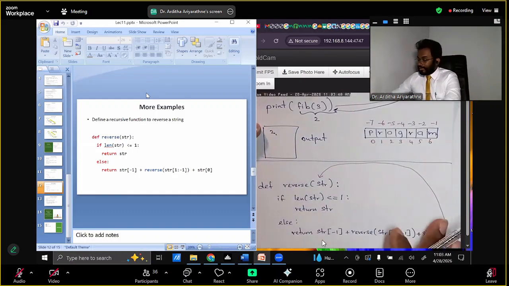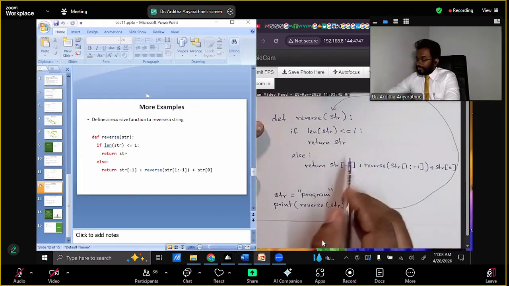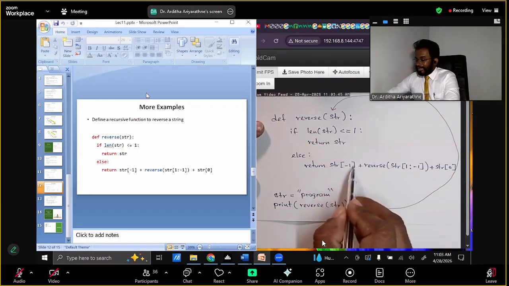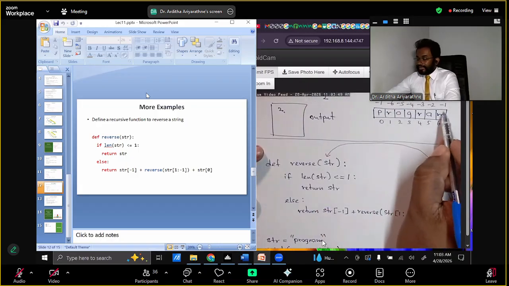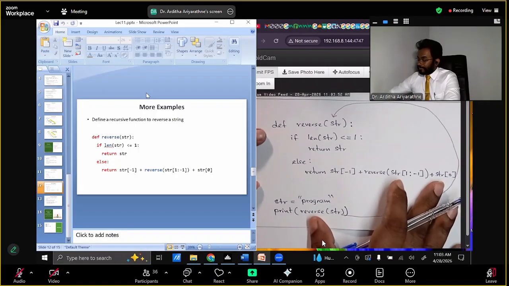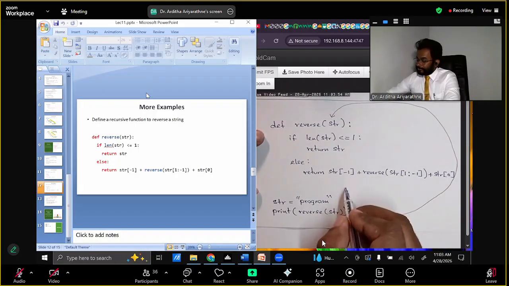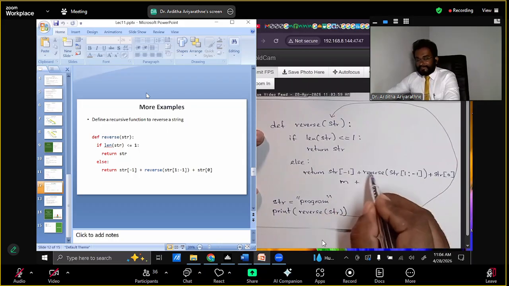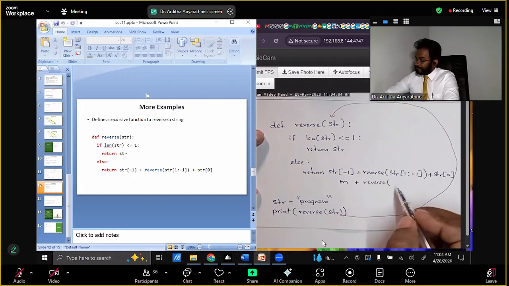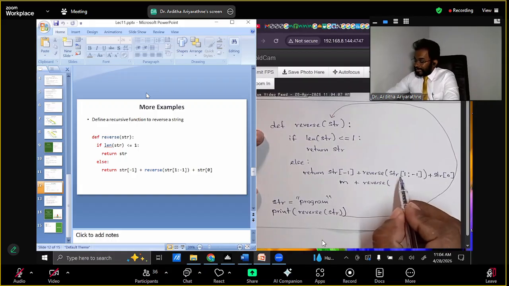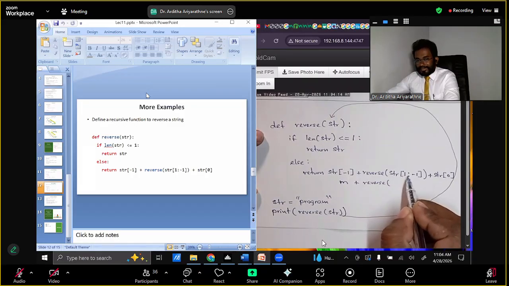Right. Now let's see. We are taking str[-1]. str[-1] means this one, M. Right. So this is M. And again we are calling the function reverse with what? str, starting with 1.